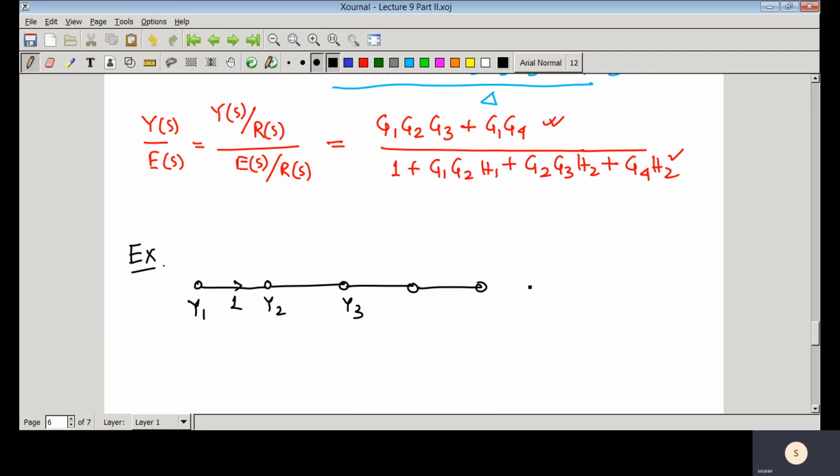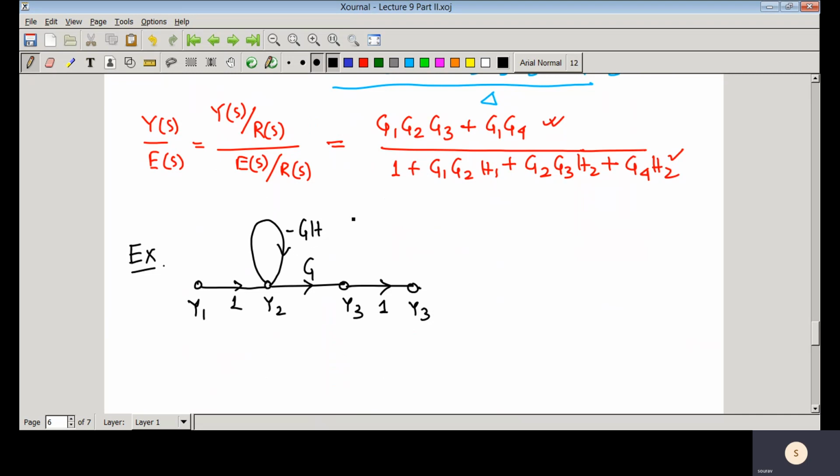Here you have that 1 gain, this gain is G, and suppose it has a self loop and its gain is GH.